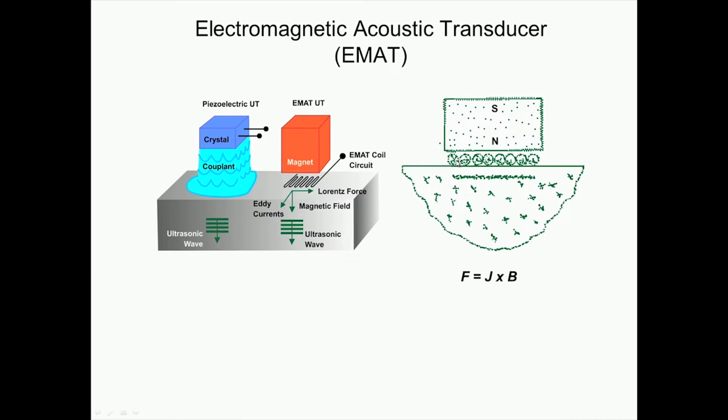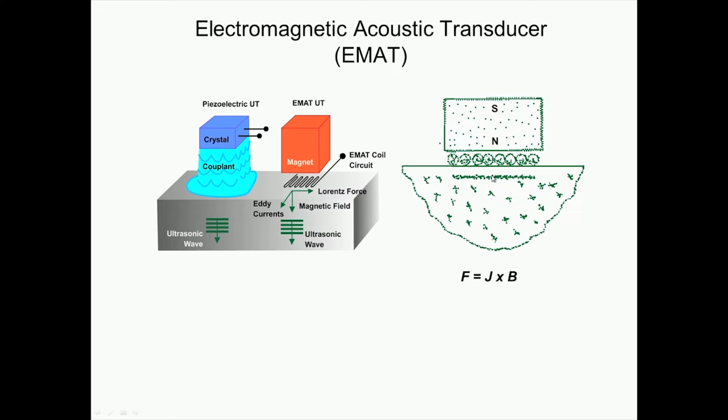So, these are the conductors which carry an alternating current, and this is the sample surface. When you bring these conductors carrying the current close to this sample surface, and if it is an electrically conductive material, then as we have seen, eddy currents will be induced on the surface.